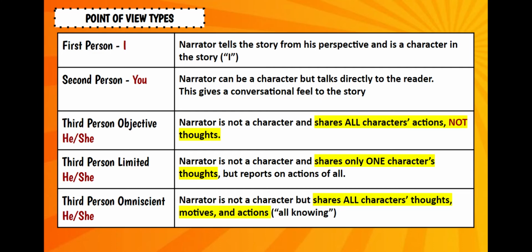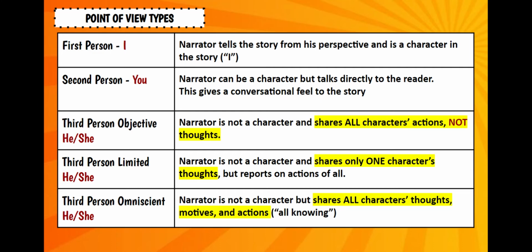Now, third person. Third person will always be he or she. But if it is third person objective, the narrator is not a character in the story, but shares all the actions, no thoughts or feelings of the characters in the story. So that is important to remember. All the actions, no thoughts or feelings.